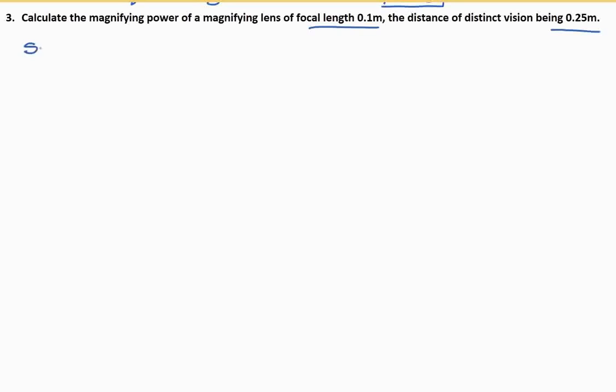Now we have to find the magnifying power. Here the focal length of the lens is given, that is 0.1 meter, and distance of distinct vision D is equal to 0.25 meter. We have to find the magnification.